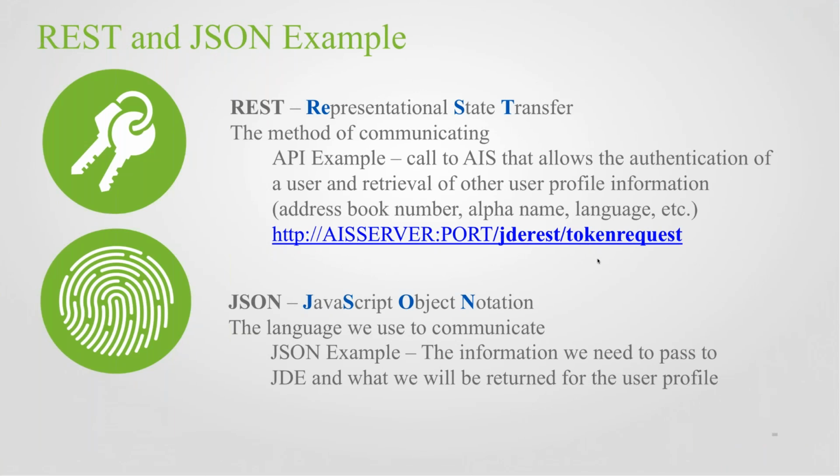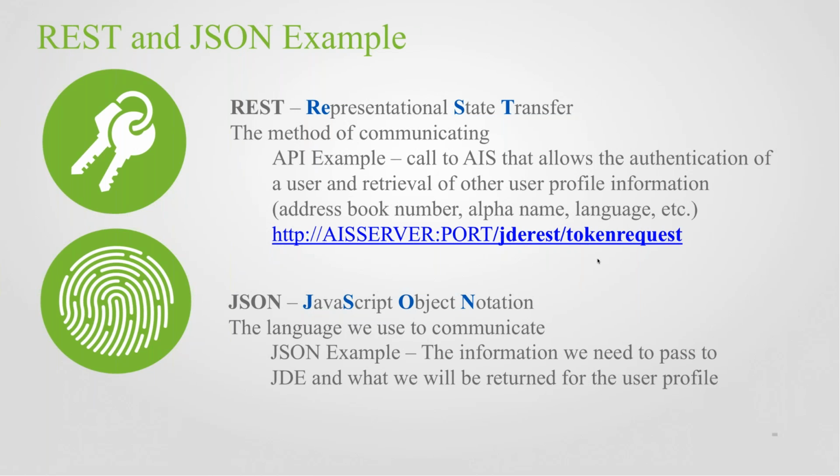So in the beginning slide, I mentioned that the technology for communication is JSON over REST. So what exactly is JSON and REST? Well, let's take a quick look at that right now. REST stands for Representational State Transfer, and it's basically a method of communication between all these different types of devices and the AIS server.